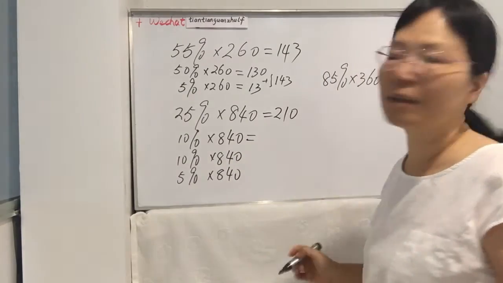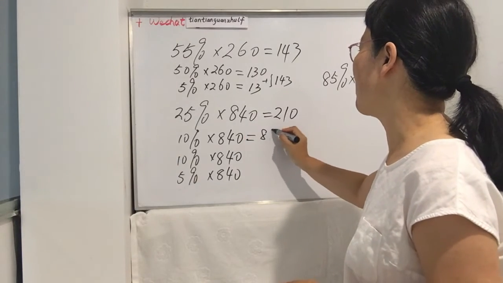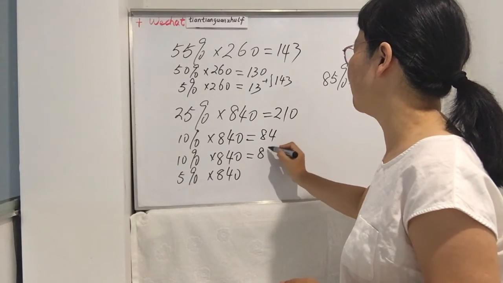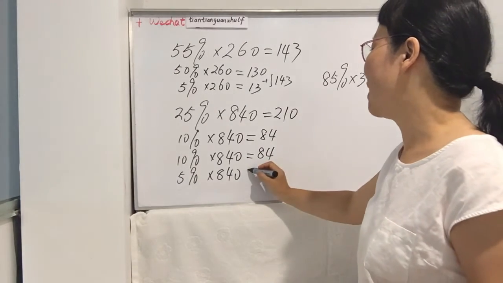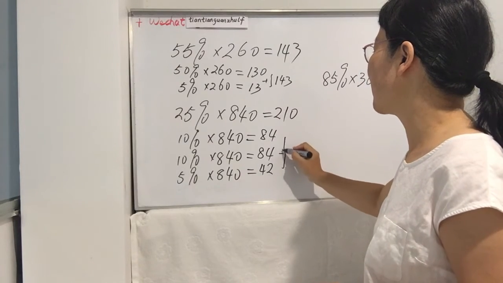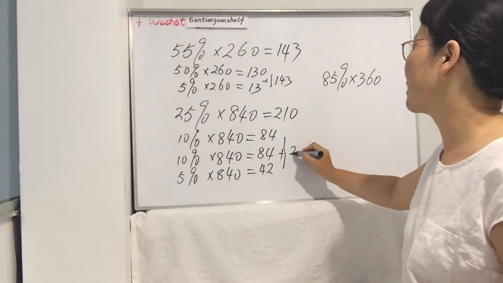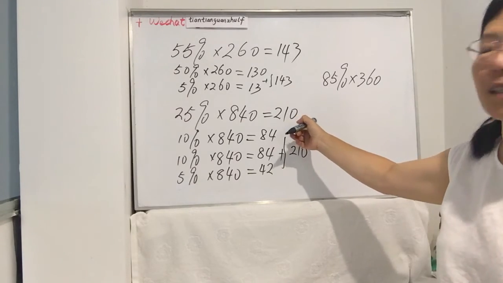Okay, that's the answer. 10% of 840 is 84. This is 84. Same. And this is half of it, 42. So all together plus together is 210. So it's exactly the same answer here.